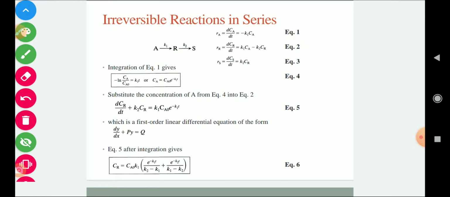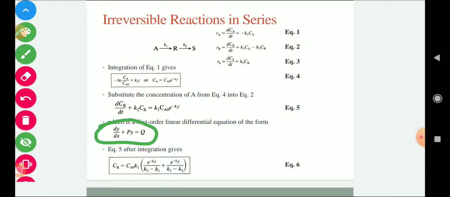Now if we integrate equation 1, this gives ln of Ca upon Ca naught equals minus K1t, or we can say Ca equals Ca naught times e raised to the power minus K1t. Now if we substitute the concentration of A from equation 4 into equation 2, then dCr by dt plus K2 Cr equals K1 Ca0 e raised to the power minus K1t, which is a first order linear differential equation of this form.